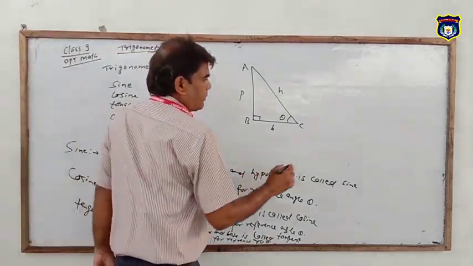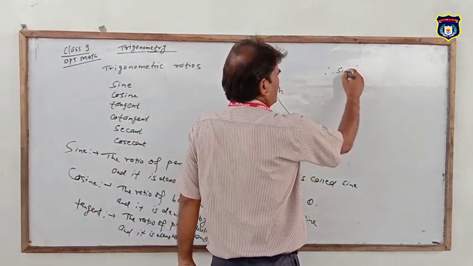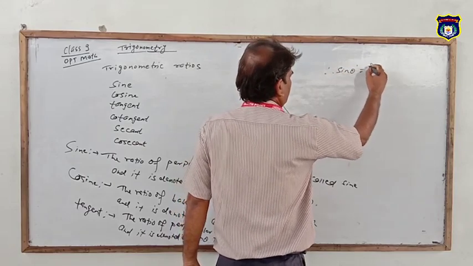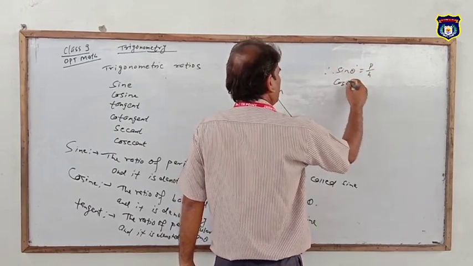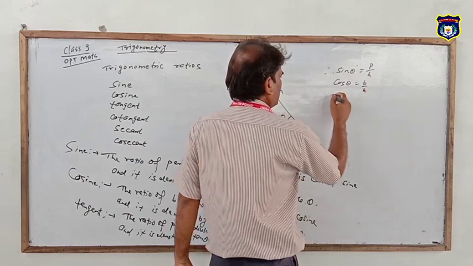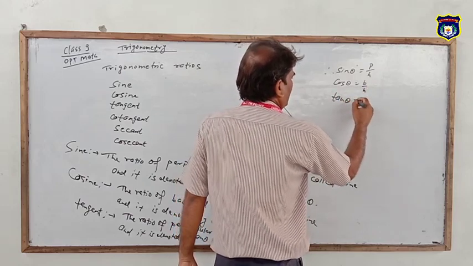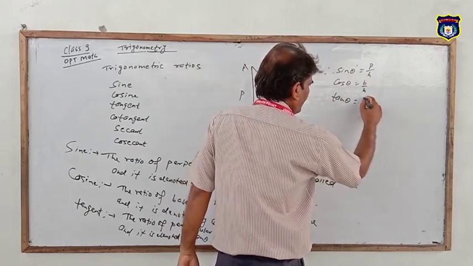Therefore sin theta is equal to P by H, cos theta is equal to B by H, tan theta is equal to P by B.